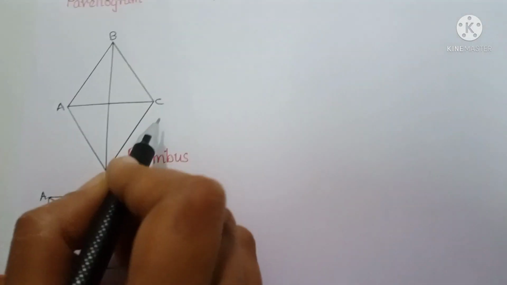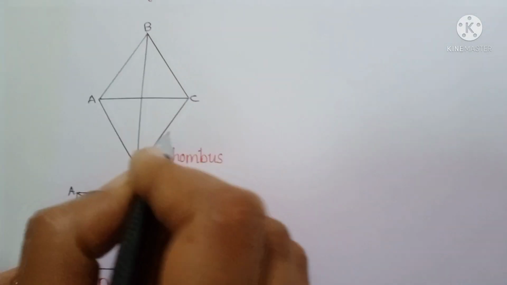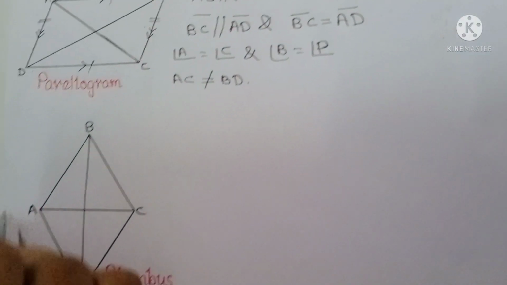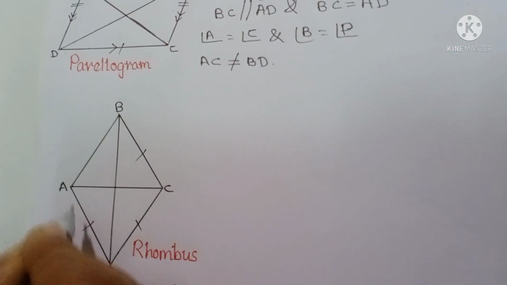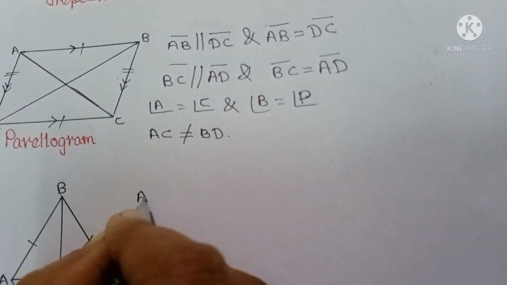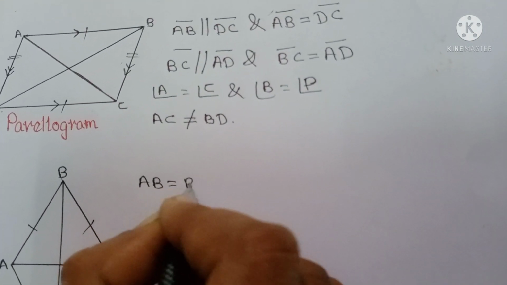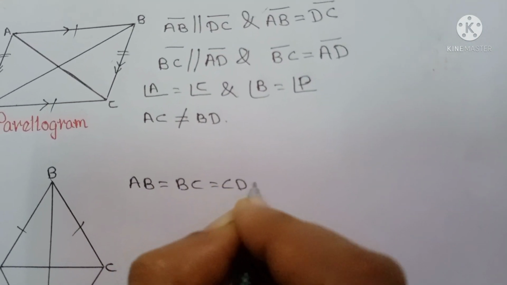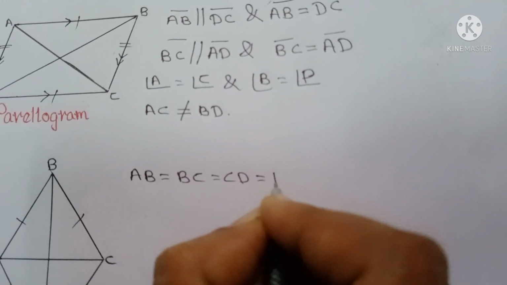Next, rhombus. In a rhombus, all sides are equal. AB is equal to BC is equal to CD is equal to DA.